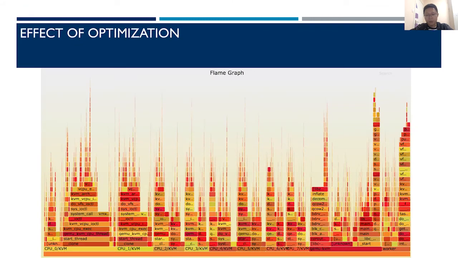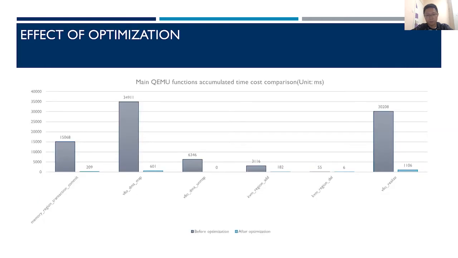This page shows the QEMU process flame graph after optimization. You can find the hotspot we saw before has disappeared. And this page shows the accumulated time taken by some major QEMU functions.